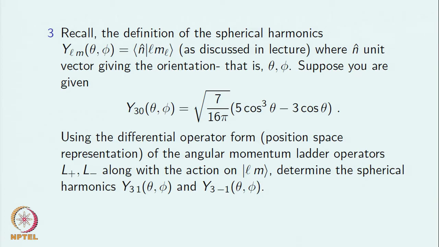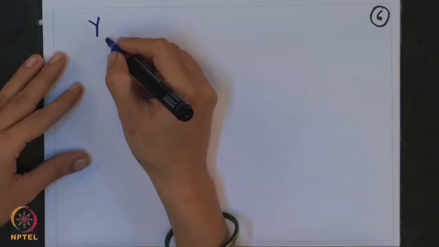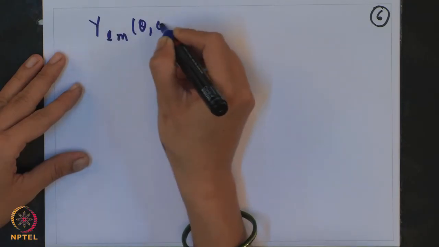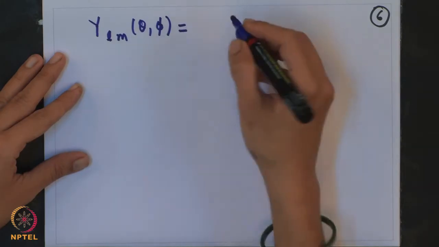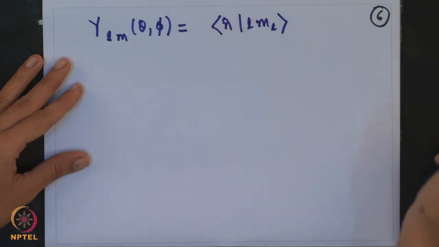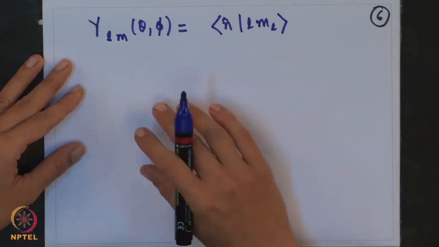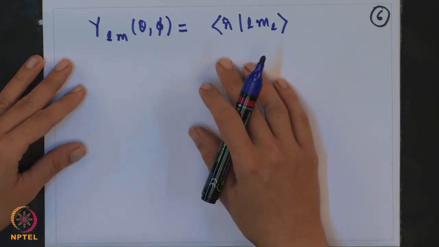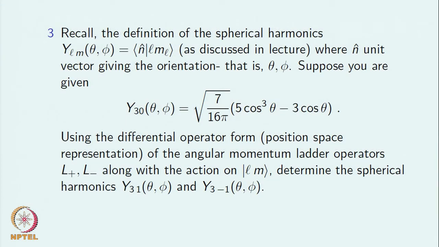recall the definition of spherical harmonics which was discussed in the class. What is the definition? Psi L M theta phi, you can write this as N cap L M. Using this definition or notation, you have to find out what y31 and y3 minus 1 are.